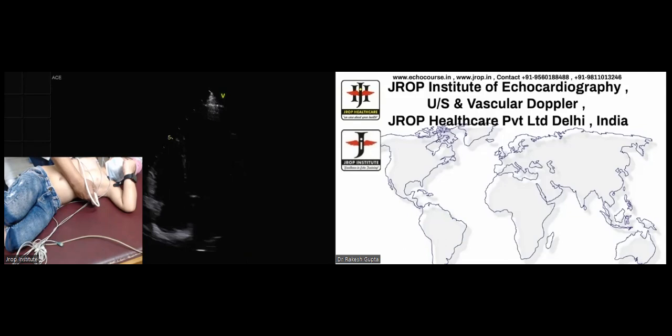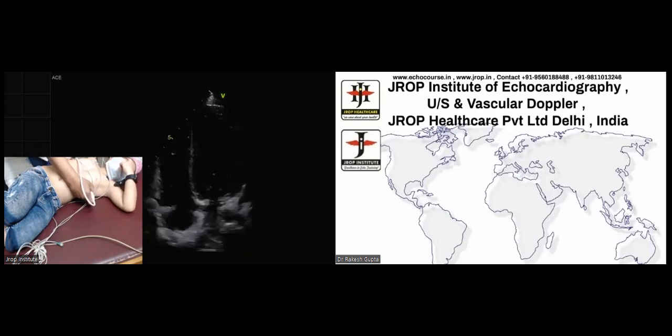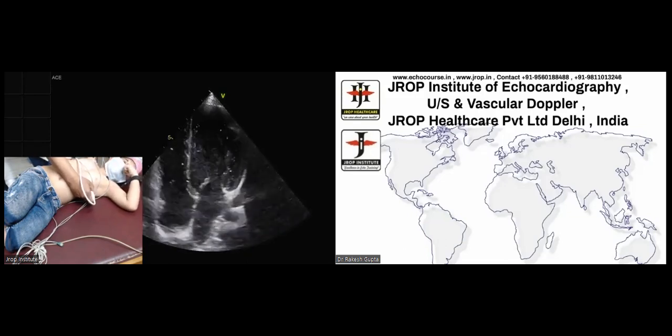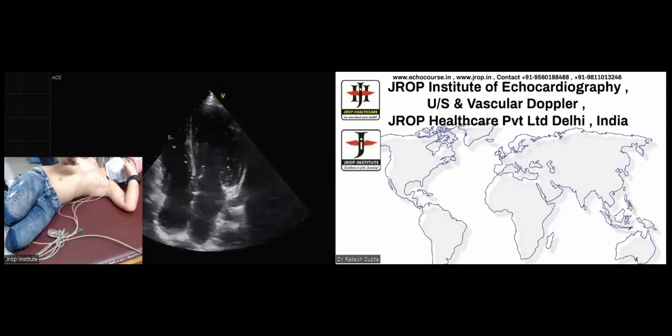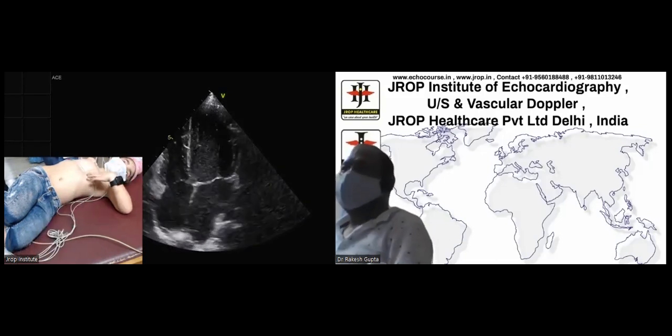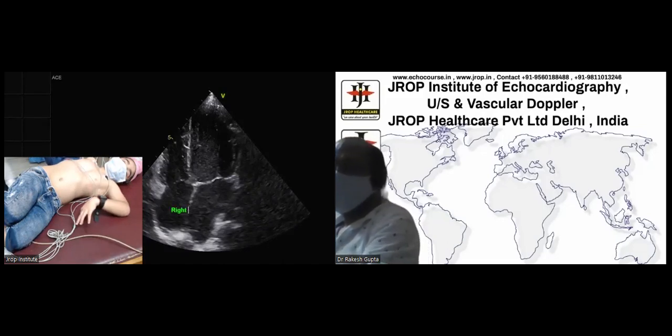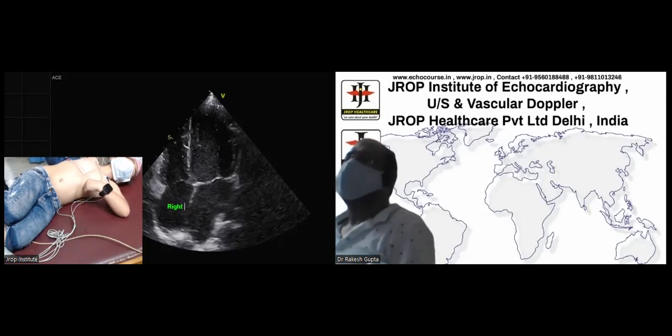Once we have identified this, next our point of identification would be what? So how do we classify them? Now we can say safely that this structure is morphological RA, and this structure is morphological left atrium.